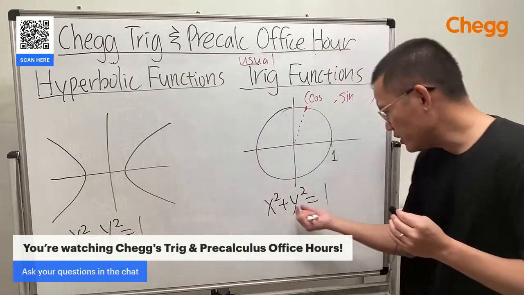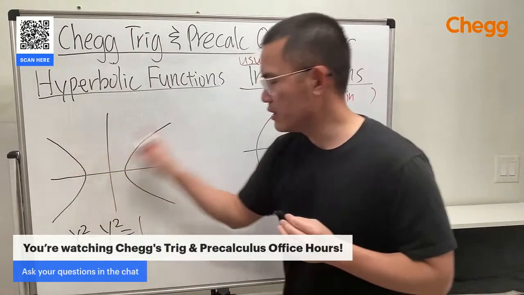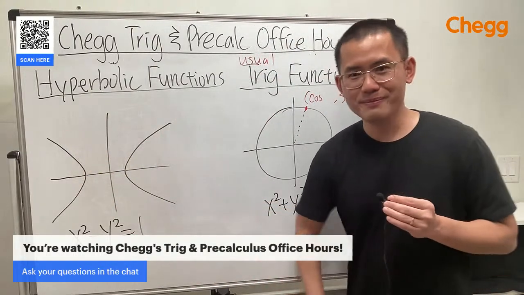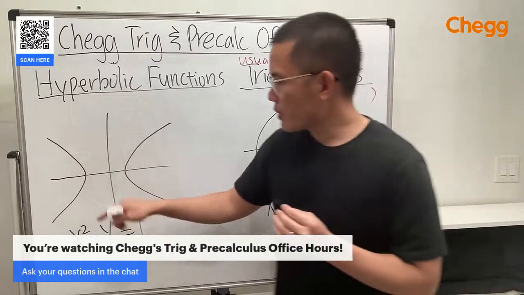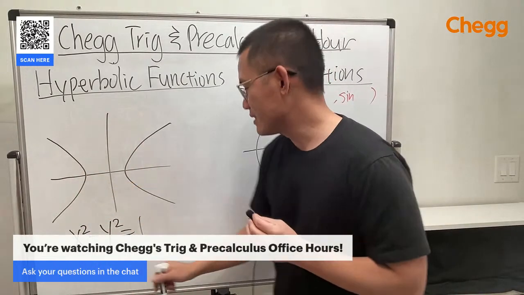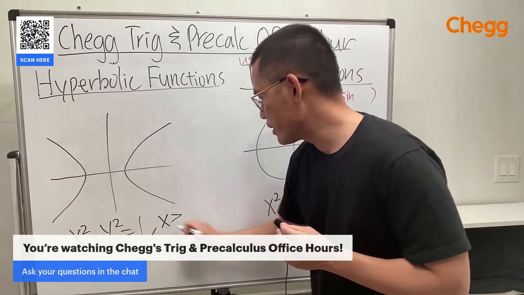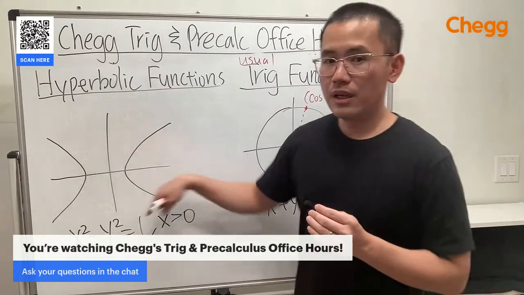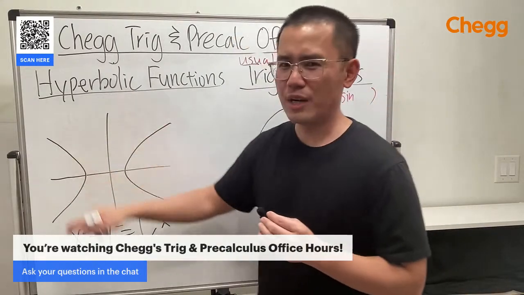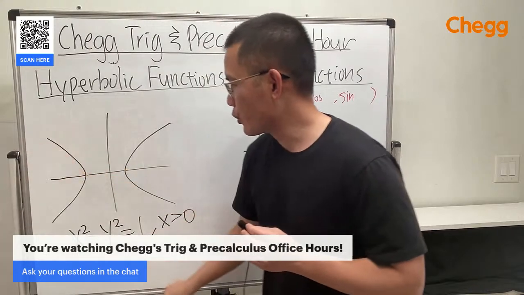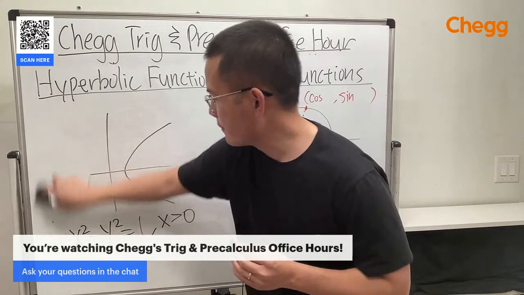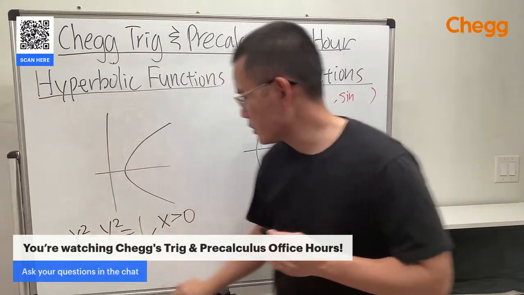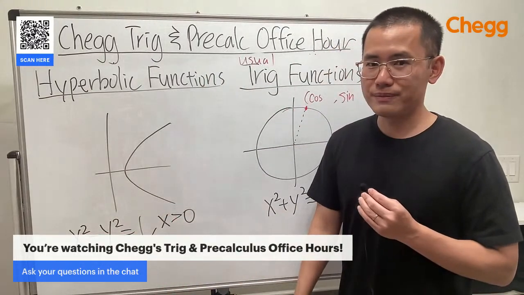You see how we just changed from the plus to a minus and we get this graph instead? Pretty cool, huh? Now, we are not going to look at the left-hand side. We just want to focus on when x is greater than 0, because otherwise we have to make the jump. So I'm just going to erase this part, because we want x greater than 0.